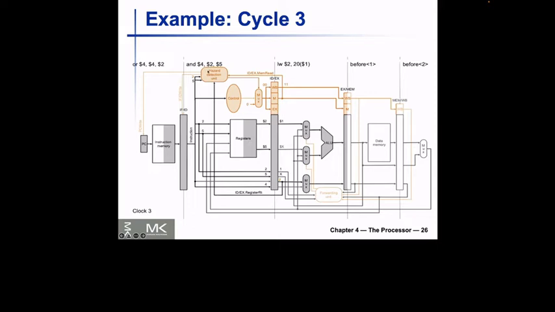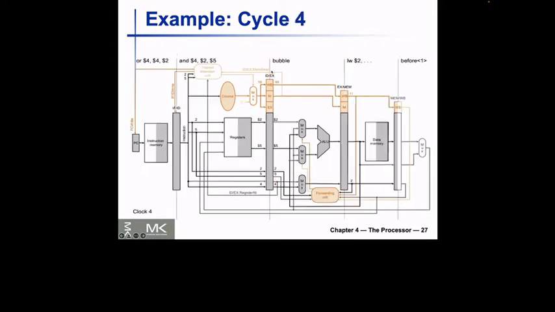So it knows that we have to wait. It will set the PC write to 0, and it will set the IF/ID write to be 0. And not only that, it will set all the control signals to be 0.